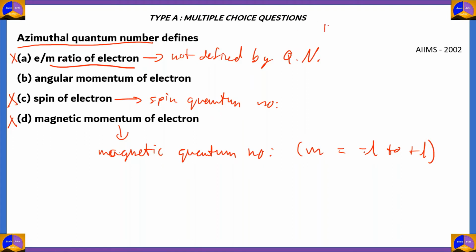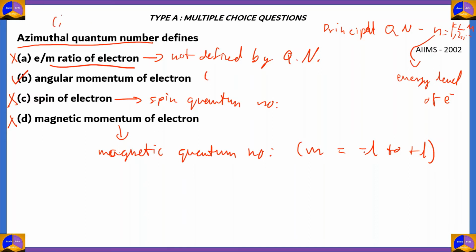Now, since we've defined 2 quantum numbers, it pays to know what the third kind of quantum number, that is the principal quantum number, represents. The principal quantum number, that is n, defines the energy level of electron. And so it is represented by n, which is equal to 1, 2, 3, etc. And that gives rise to the K shell, L shell, M shell, etc. So the remaining quantum number, which is the azimuthal quantum number, must define option B, the angular momentum of electron.